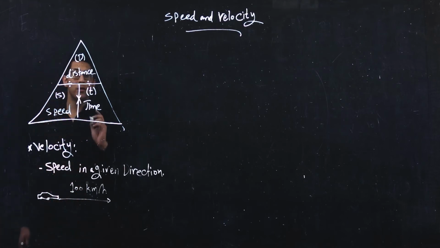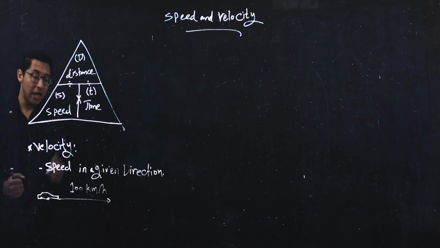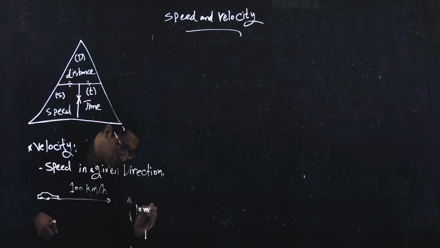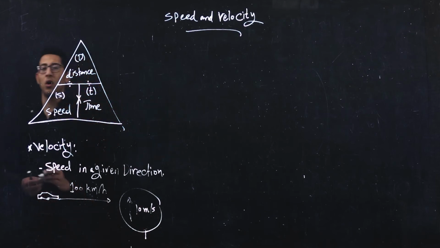So that's called your velocity, not speed. For example, you are running north with a speed of 10 meters per second. So the speed in a given direction is called velocity. That's your velocity.